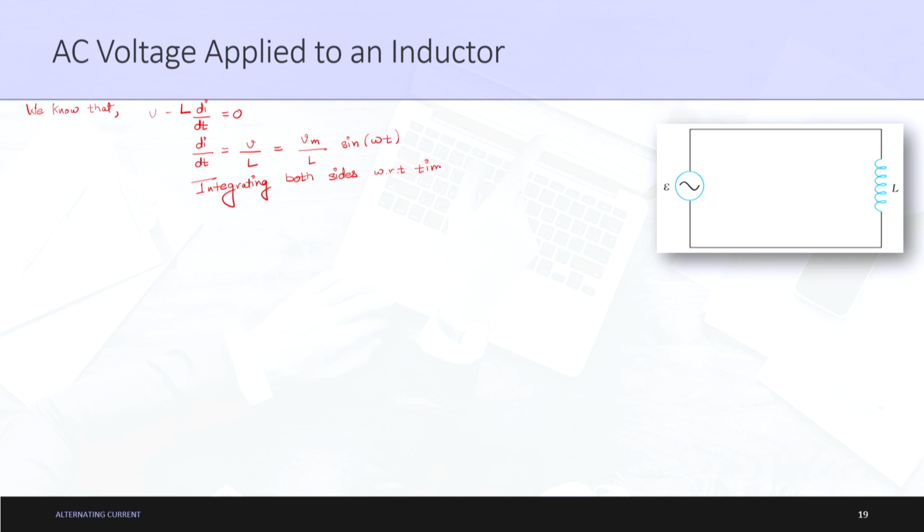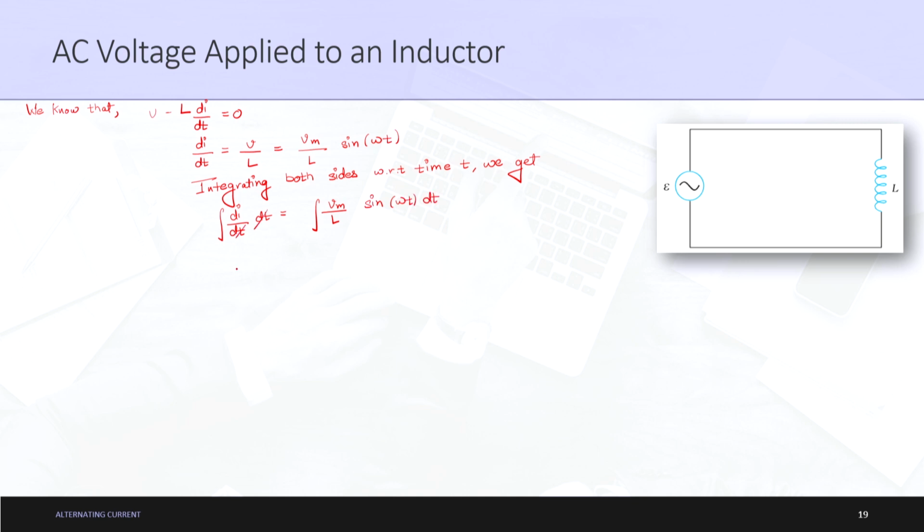We get the integration of di by dt dt equal to the integration of Vm by capital L sin omega t dt.